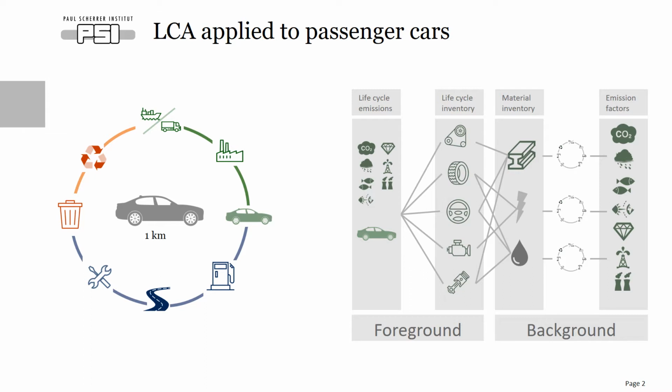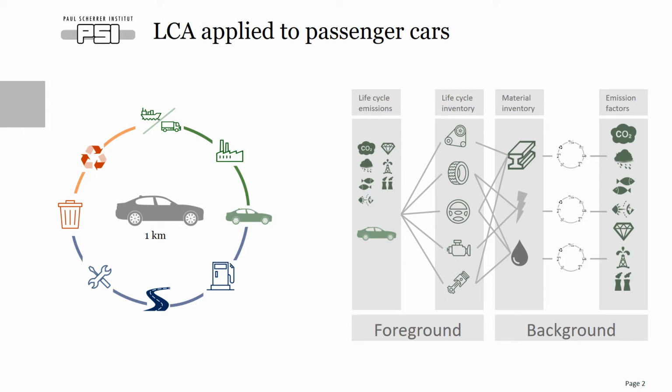We would have to model some sort of energy chain to fill the tank or to charge the battery of the car. We would also have to model the construction and maintenance of road infrastructures, some maybe maintenance and repairs for the car along its use phase. And finally, we would also consider the disposal of the car, where the vehicle would be dismantled and different material fractions would then follow treatment or recycling channels.